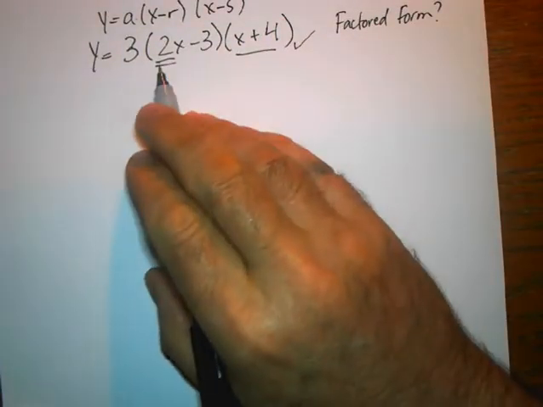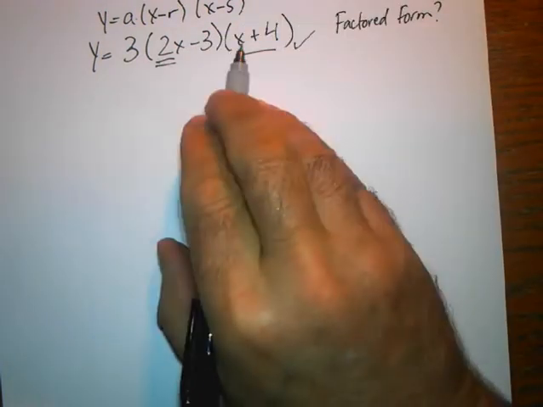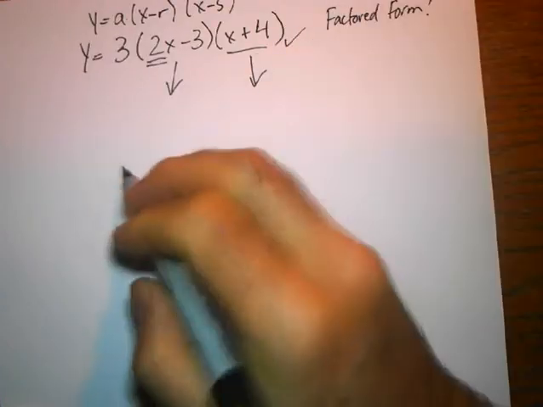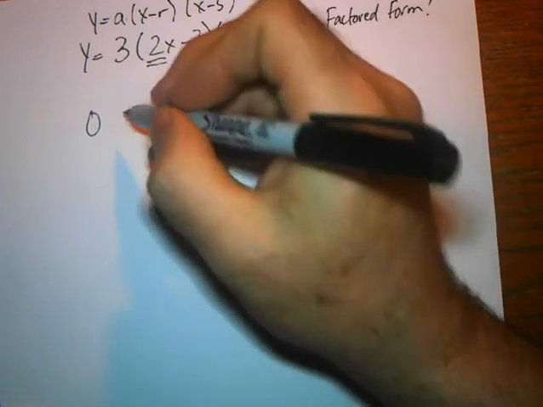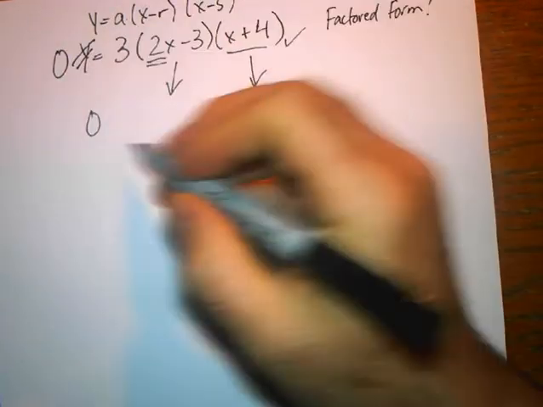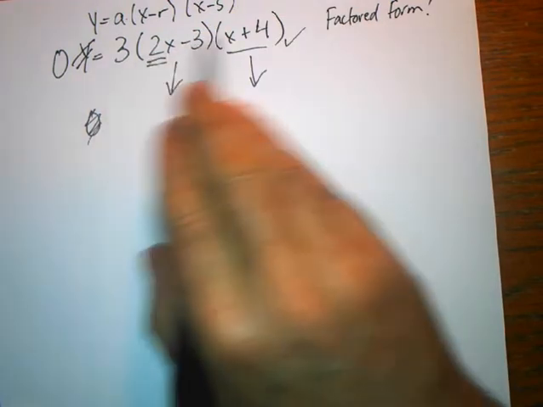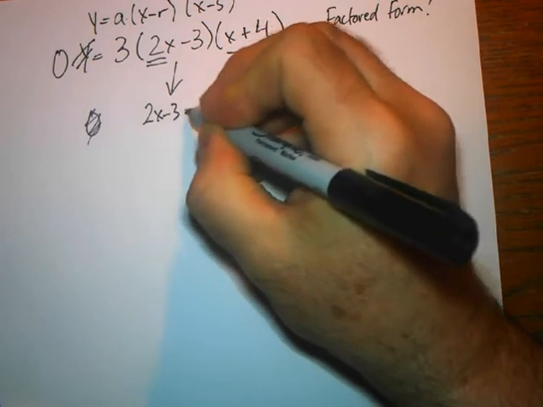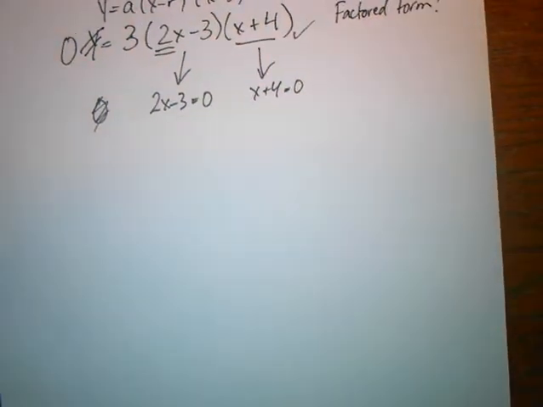If you see anything other than a 1 in front of the x's here, you can just remember, if we set this equal to 0 to find our x-intercepts, well, 3 can't be 0, but these two factors could be. This is sort of the longer way of doing it, but it shows where the mistake can be made sometimes.